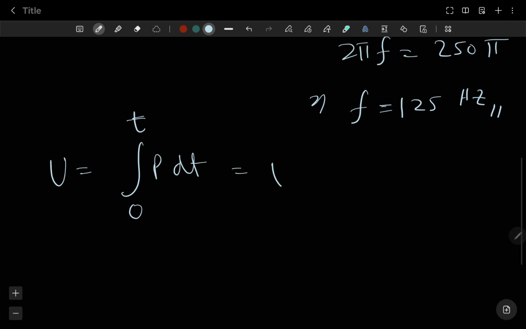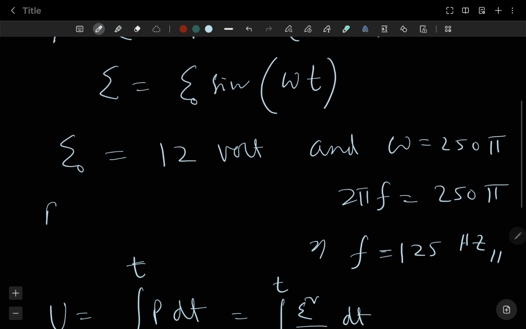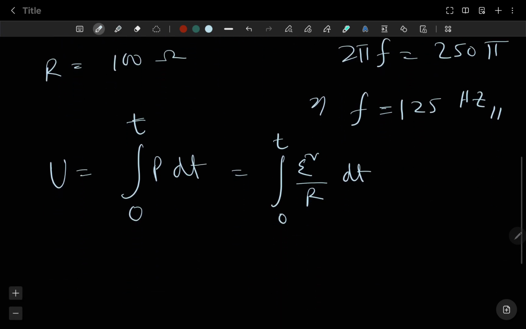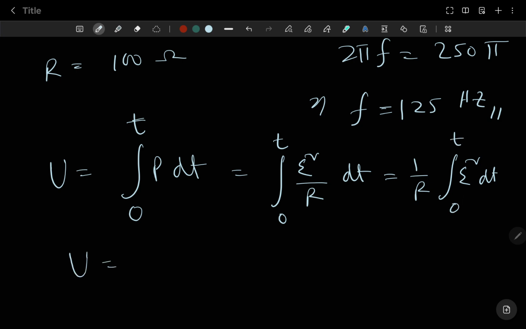So it will be epsilon square by R dt. R resistance is given in this problem as 100 ohm. So 1 by R is constant, taken out of the integral.